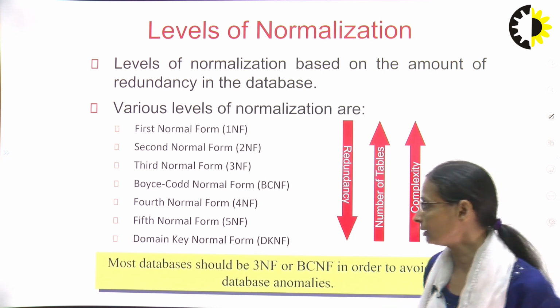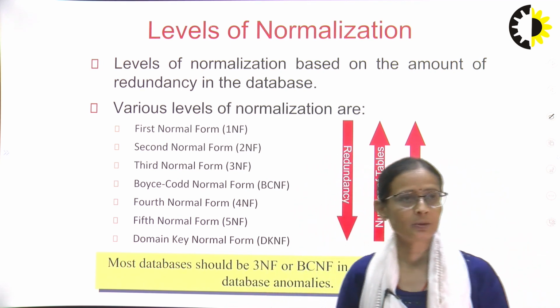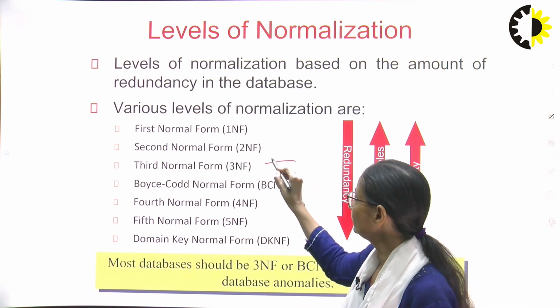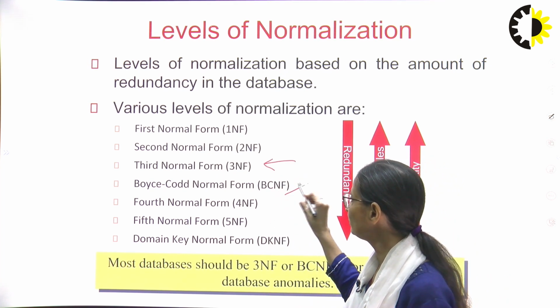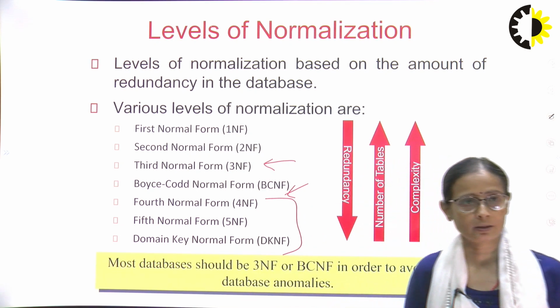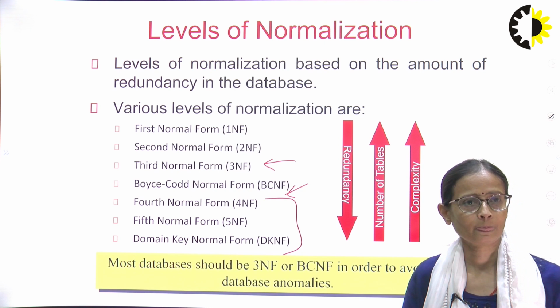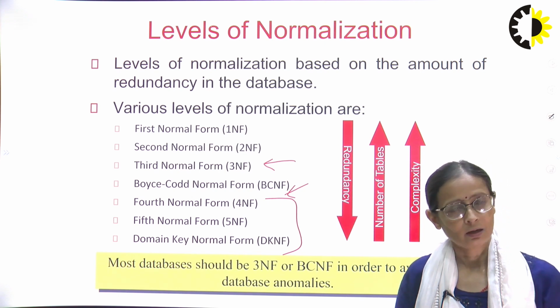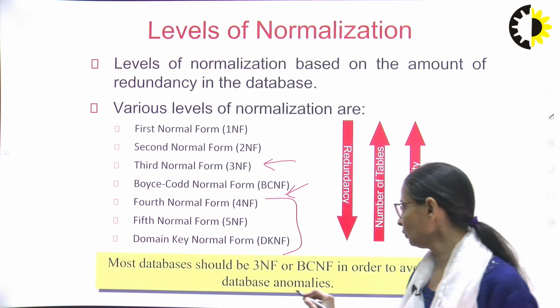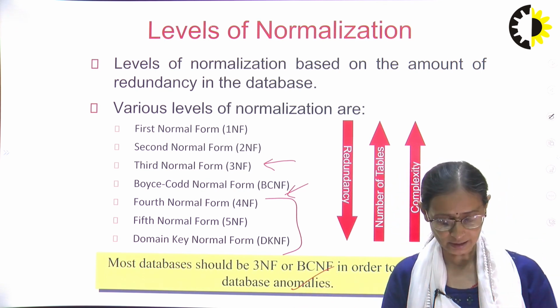Generally, when we say a database is normalized, it is in either 3NF or BCNF, but the higher forms are also required by certain databases. Our main aim when we do normalization is to avoid the database anomalies.